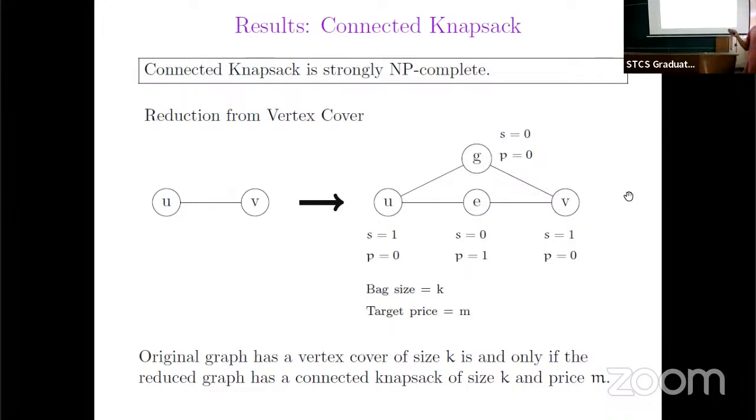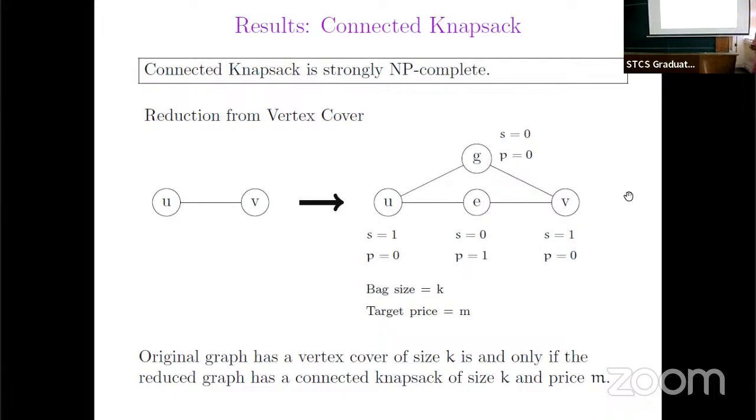So if you are looking for a vertex cover of size k, then you define the bag size to be k, and, as a decision version of this problem, the target price is m. You want to pick all the edges, and by picking k original vertices, you want a connected thing. The connectivity is ensured by this global vertex, but because the end solution should be connected, you must pick at least one endpoint of every edge, which is a vertex cover.